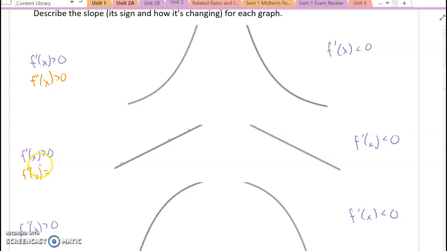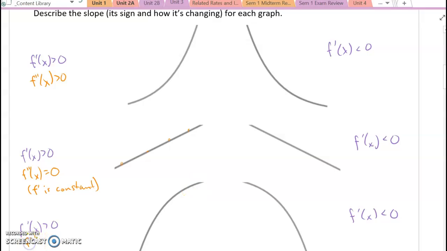So our slope is not changing. So that must mean our second derivative is equal to 0 because f prime is not changing. It is constant. And then finally, our slope gets steep, and then less steep, and less steep, and less steep is getting closer to 0 from the positive end of things. So say positive 10 to positive 1 to positive 1/2 or whatever.